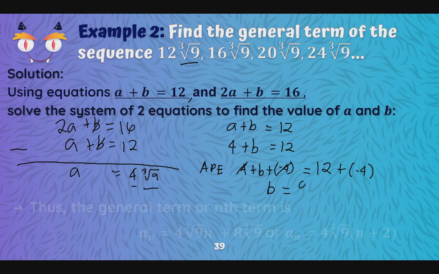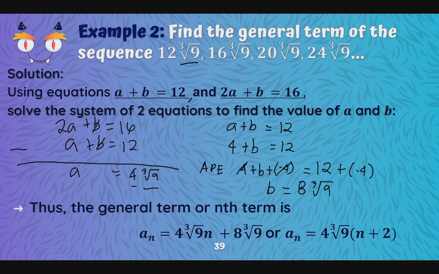Then, isolve natin ngayon si cube root of 9. So, the value of A is 4 cube root of 9. Value ng B is 8 cube root of 9. Para sila may cube root of 9. Thus, the general term is yung A natin, 4 cube root of 9 n plus 8 cube root of 9. Since pareho sila may cube root of 9, extract natin yon. GCF ng 4 tsaka ng 8 ay 4.